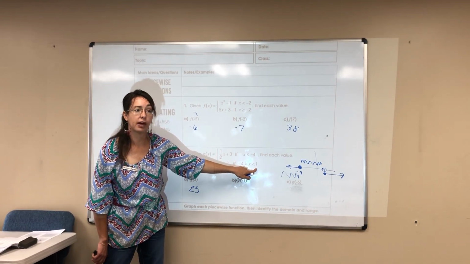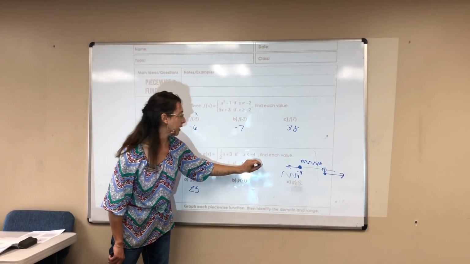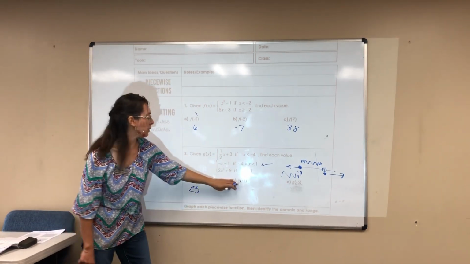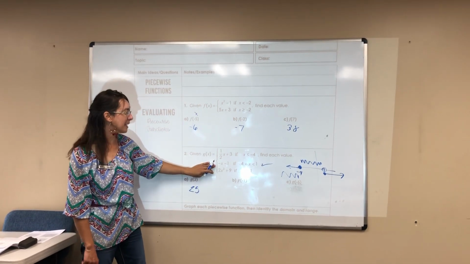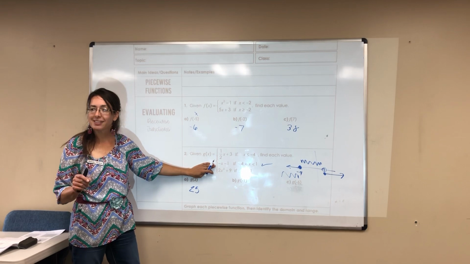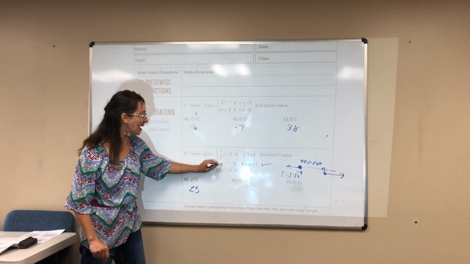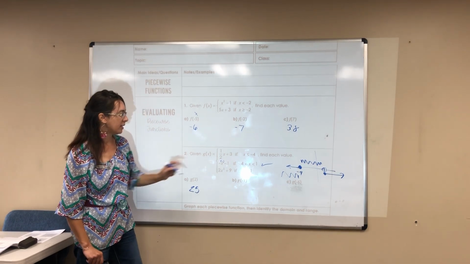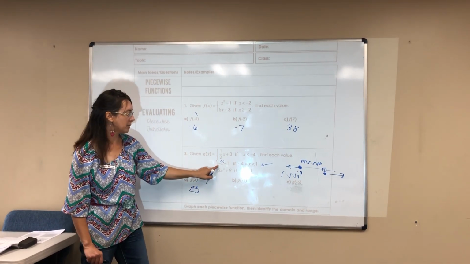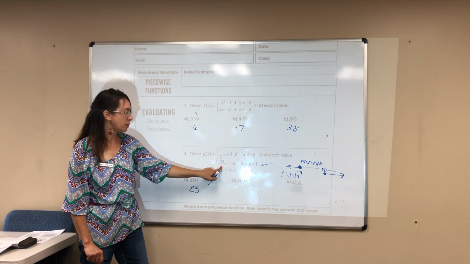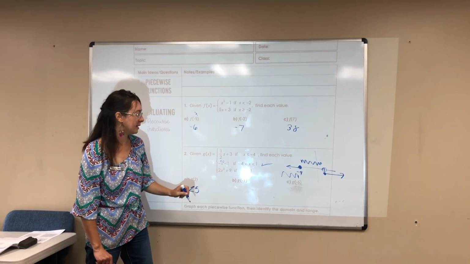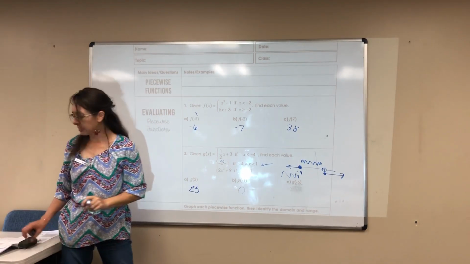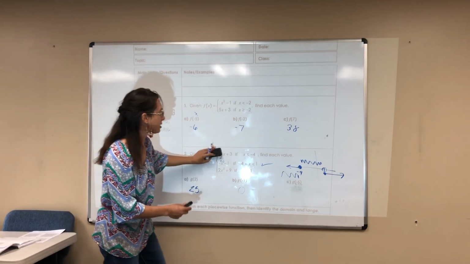Does it fall in that section? Yeah. Great. So now we're going to plug in negative 1 here. In this case, it's important to use our parentheses, because I've got a negative x, so I've got a negative of negative 1 minus 1. What happens with the negative of the negative 1? It's positive. So 1 minus 1 is 0. Excellent. Let's do the last one.